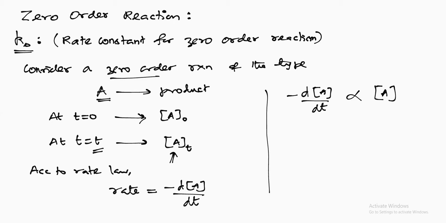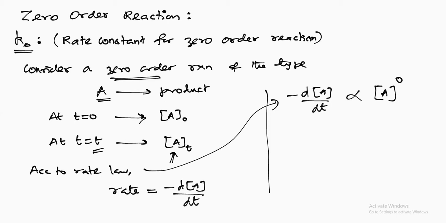We have assumed that this reaction is a zero order reaction, therefore order of this reaction should be 0. According to rate law, rate of the reaction is directly proportional to the concentration of the reactant power 0. Why 0? Because it is zero order reaction.